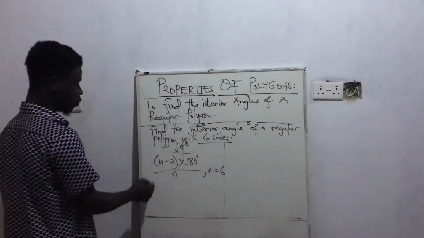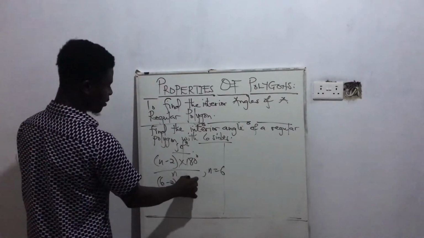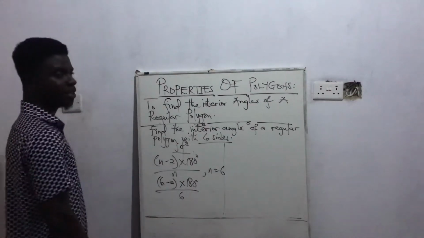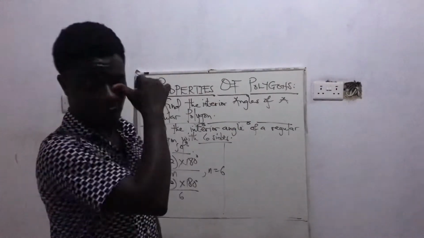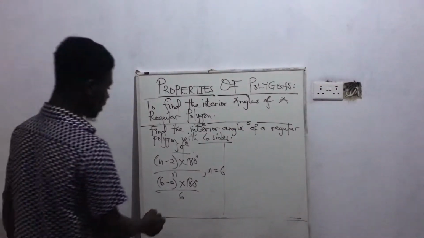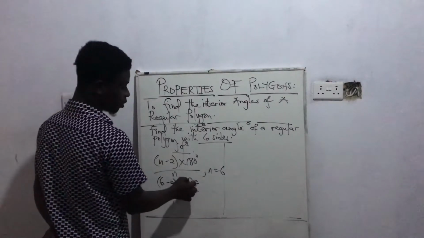So n equals 6. So 6 minus 2 times 180 degrees all over 6. Wherever I see n, I substitute 6.